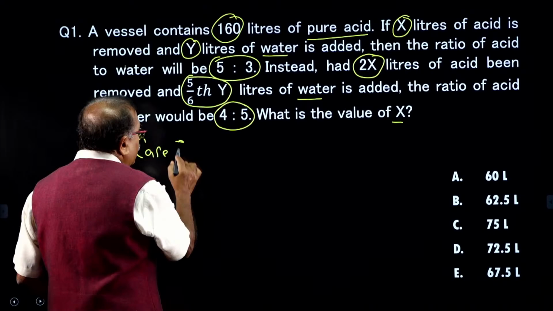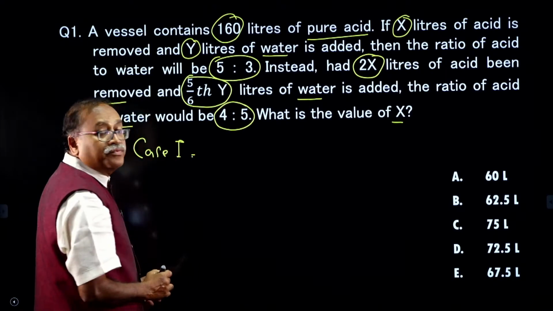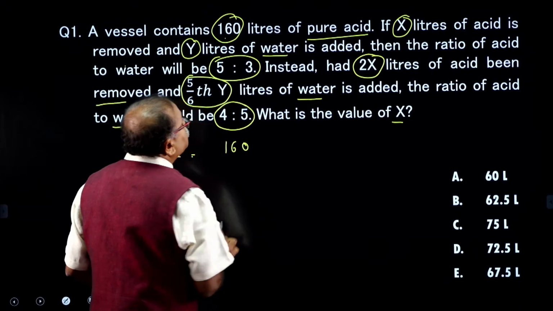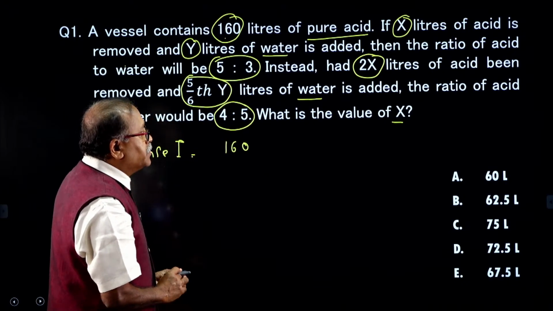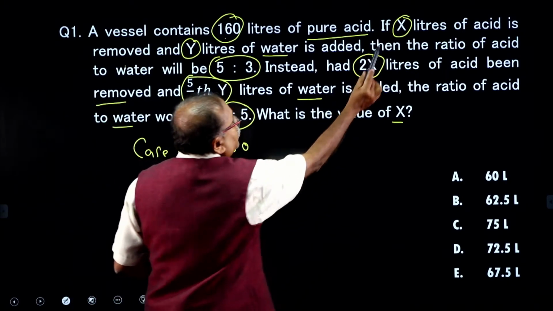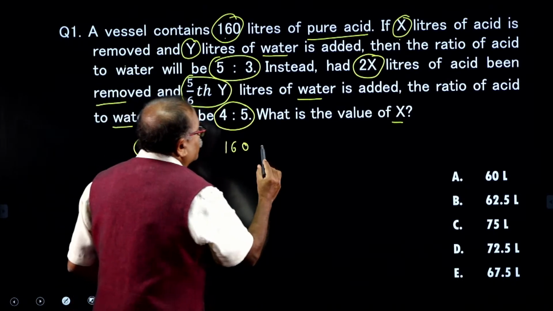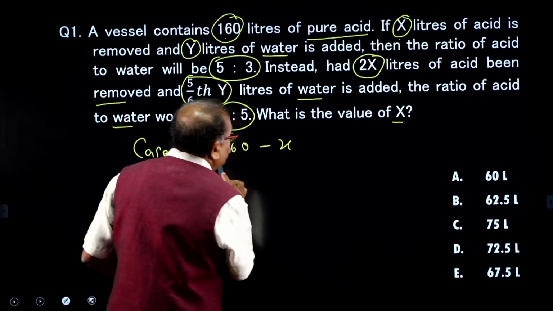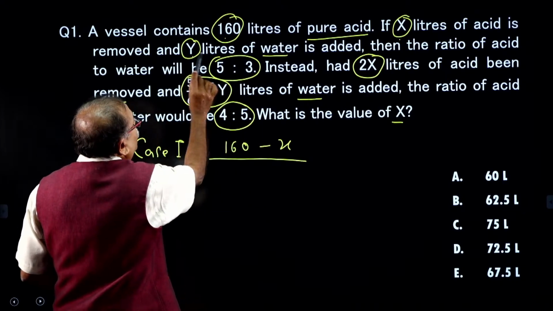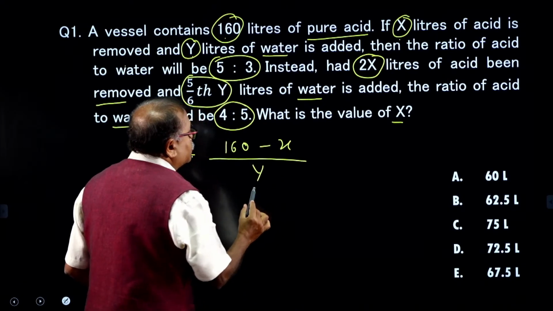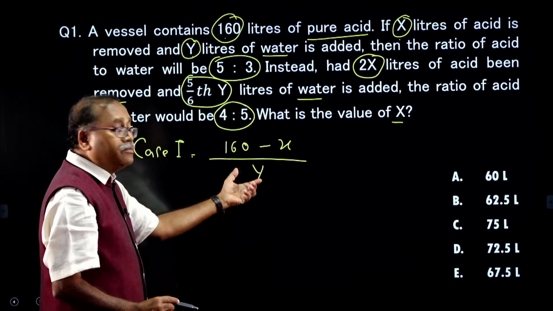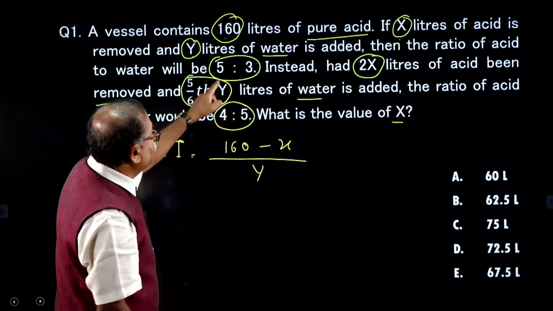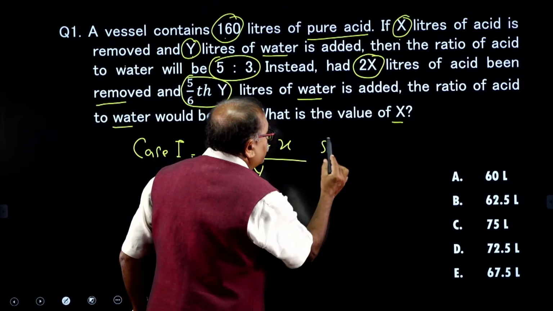In the case 1, I will just give the start to you. In the case 1, 160 liter is pure acid is there, and what you do, x liter of acid is removed. So, minus x, and you are putting something, y liter of water is added, this is y, the acid by water, and the ratio of acid to water is given to us as 5/3.